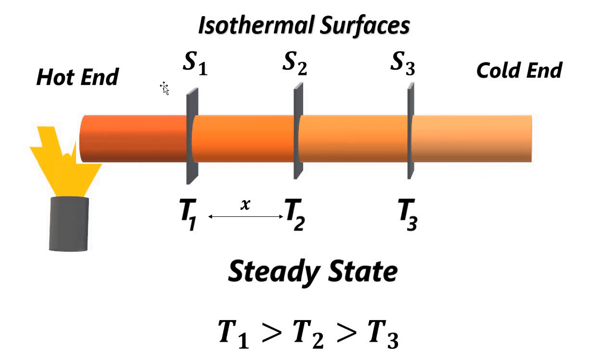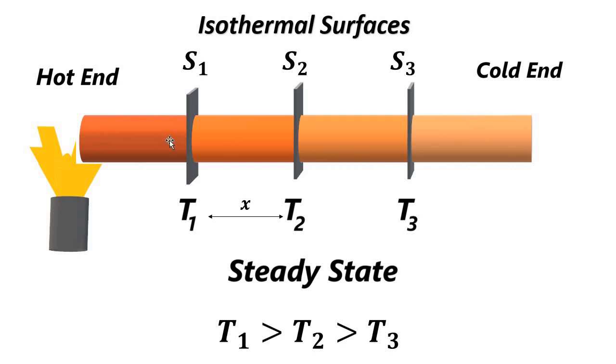Here each and every portion of the rod, every cross section of the rod, behaves as an isothermal surface. Isothermal surface means the temperature of that cross section or that portion of the rod is constant, but the temperature of each and every point on the rod is different.